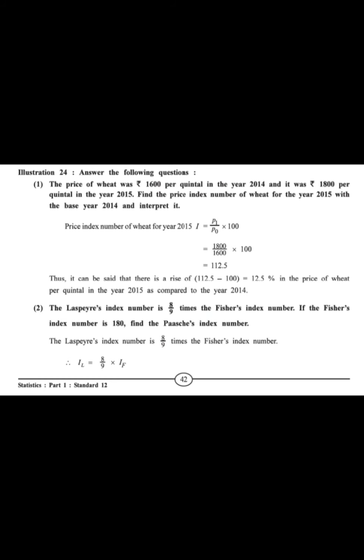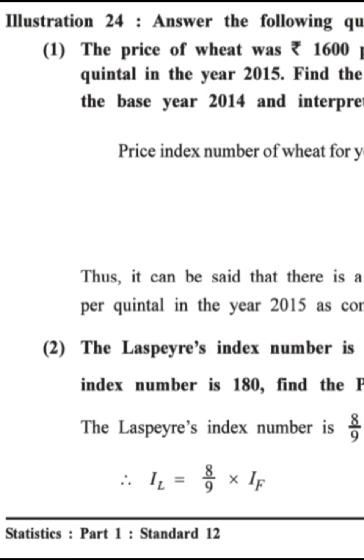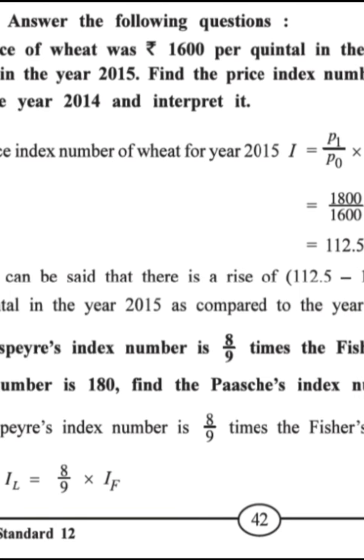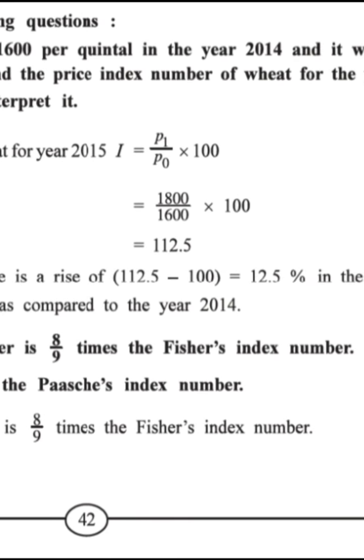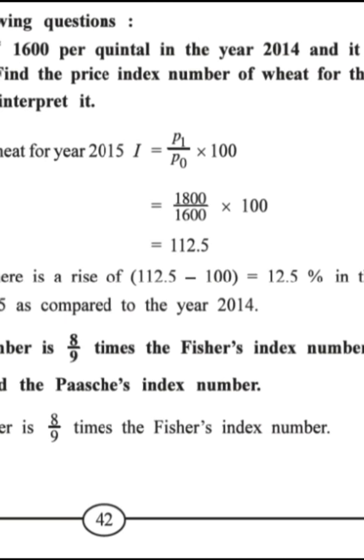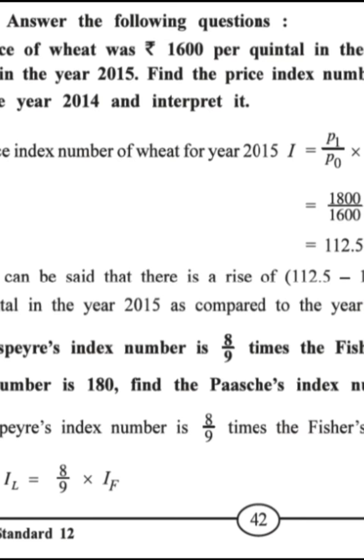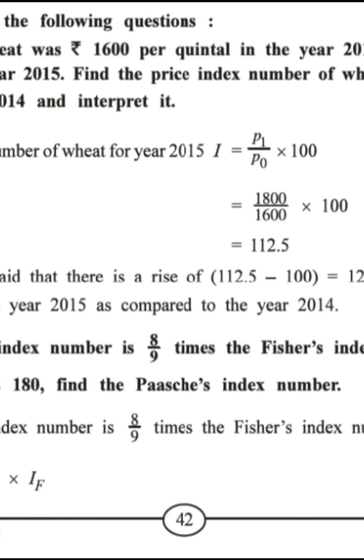Now over here we are going to see our second sum, that is the second short sum. Laspeyres index number is 8 upon 9 times the Fisher's index number, and they've given us that the Fisher's index number is 180. They have told us to find out the Paasche's index number.